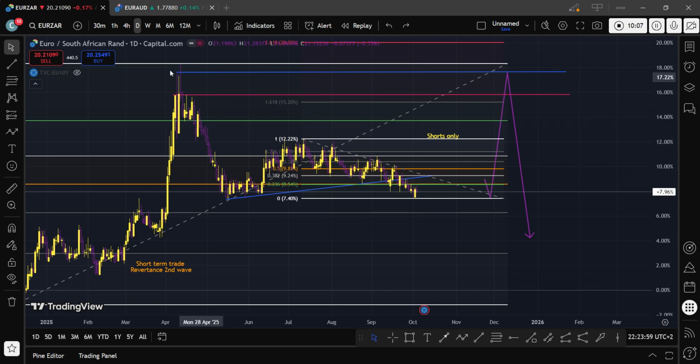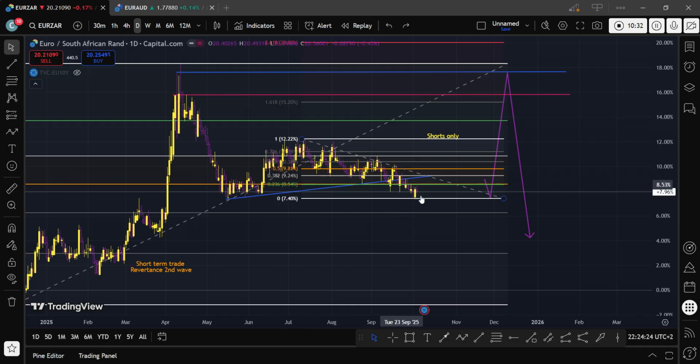And if it turns around somewhere up here, you can enter the second position with a larger lot size. Most of the time when I enter the market for the first time, because I don't know what the market is doing, I use a smaller lot size. And when I see that the market is actually turning around, that's where I enter my second position. So that's how I normally trade.